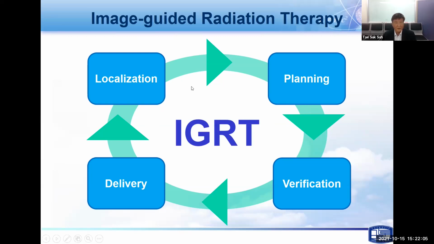So first, localization. The localization of the moving target is based on either respiratory signal or image guidance. Respiratory signal is used for gating the radiation beam.